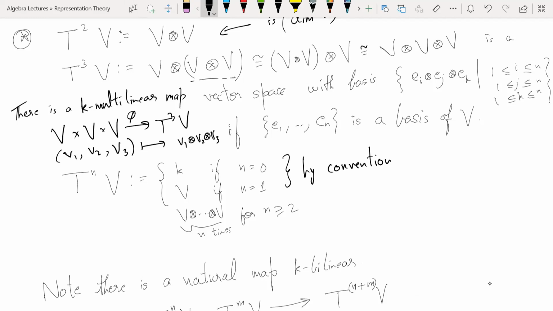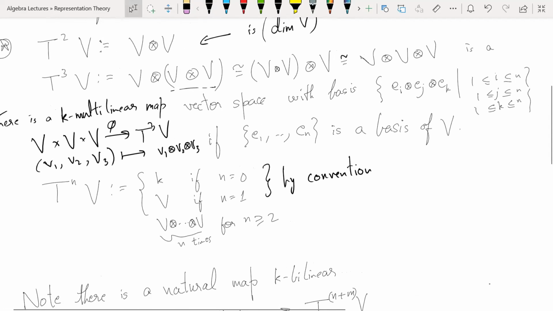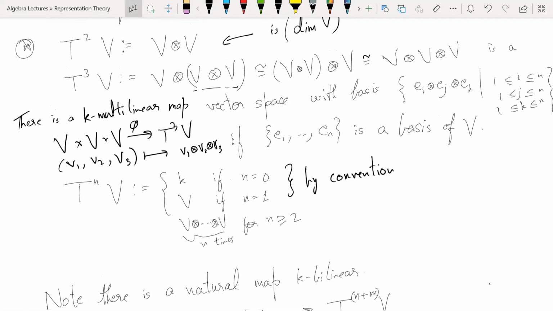These are various tensor powers. For each n, you have some tensor power. The 0th tensor power is the base field, the 1st tensor power is the vector space itself, then the 2nd tensor power, and so on.